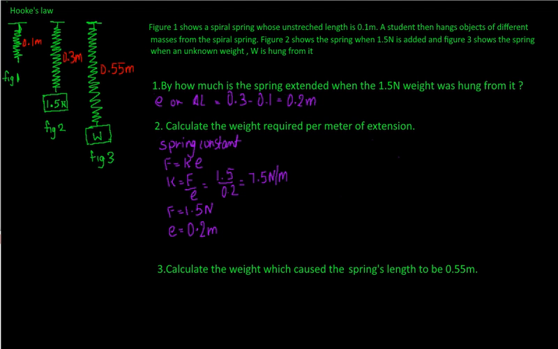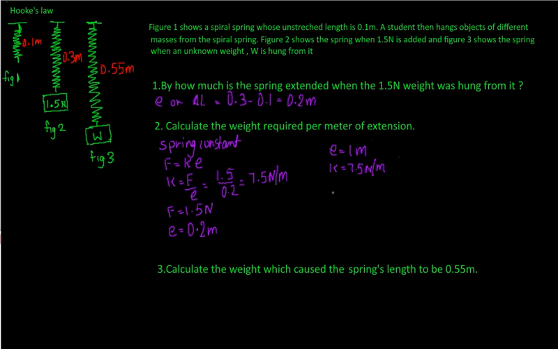Now we can come back to the question. We have to find the weight required per meter extension. Which means the extension here is equal to 1 meter, and the spring constant is 7.5 Newton/meter.